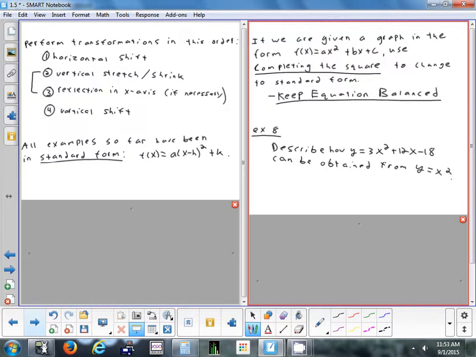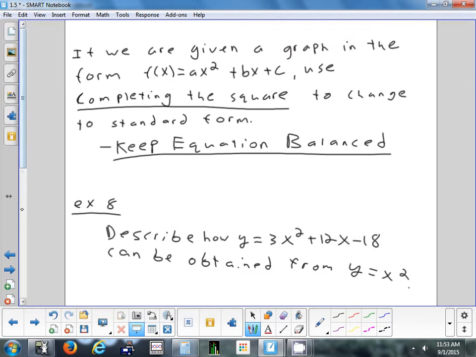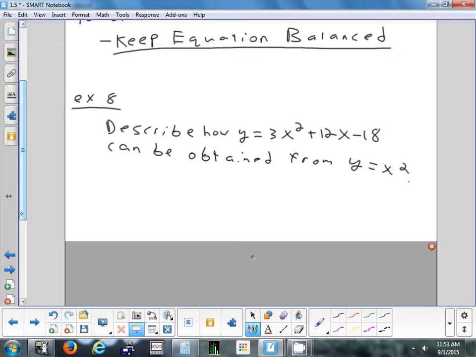All right, so we're going to complete the square with this equation. Y equals 3x squared plus 12x minus 18. And then we can describe the transformations. First thing I like to do while I'm doing this is I like it with the 3x squared plus 12x minus 18 on the left.